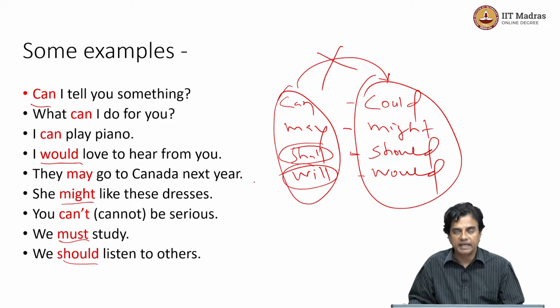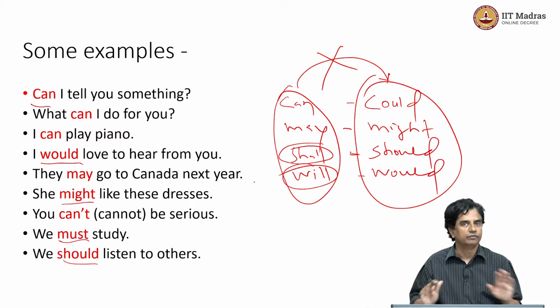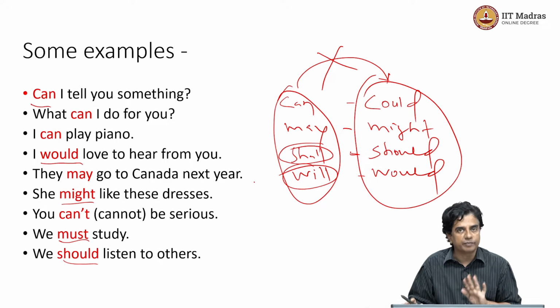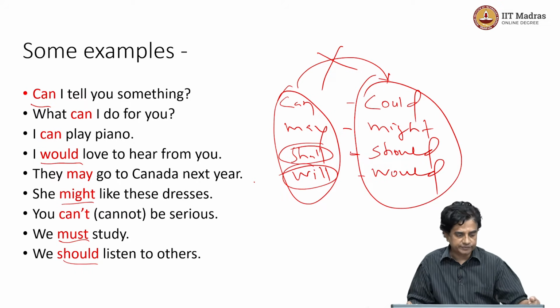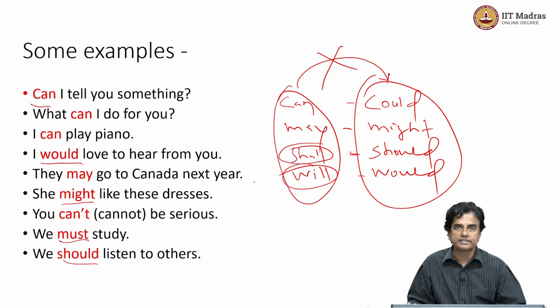Similarly, may and can do not have past forms. With that background information in mind, let's look at these examples, see what they do, how they occur in the sentences, and what is it that we intend to convey when we use a modal auxiliary in a sentence.